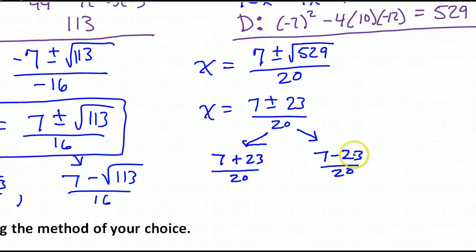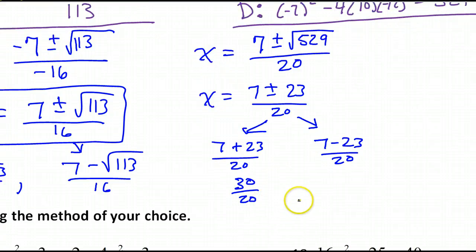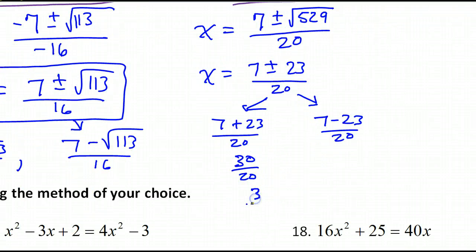Now if you're good at addition, 23 plus 7, you're going to know that that is 30. So that's going to be 30 over 20, which is just 3 over 2. So that is one of the answers.